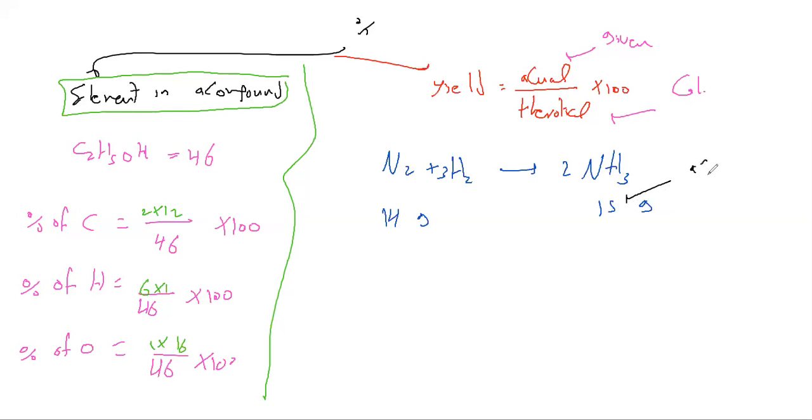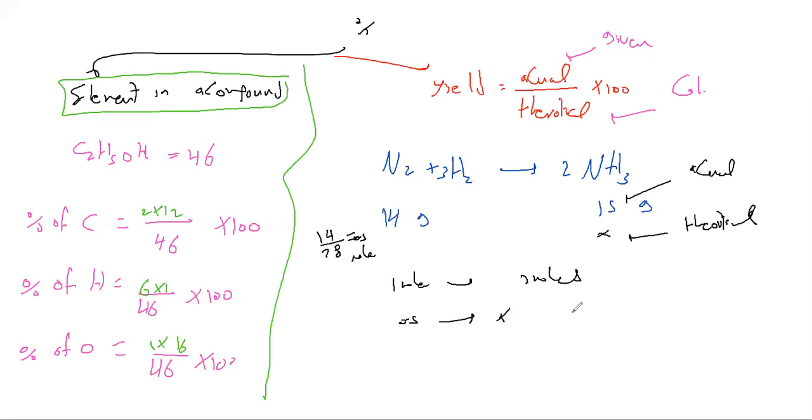For the theoretical, consider it as X. So 1 mole gives 2 moles. After that, 14 over 28 is equal to 0.5 moles, mass over molar mass. So 0.5 moles gives 1 mole.